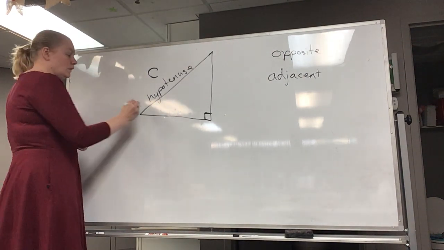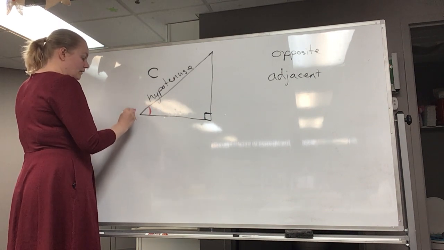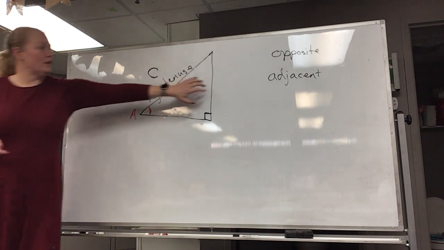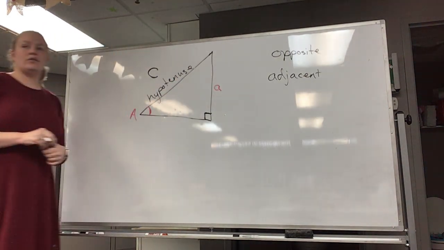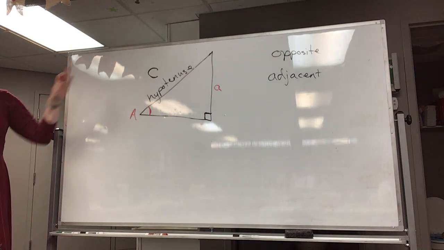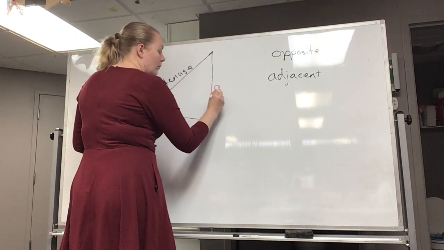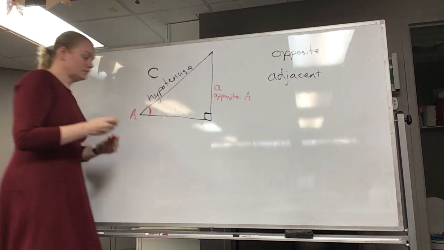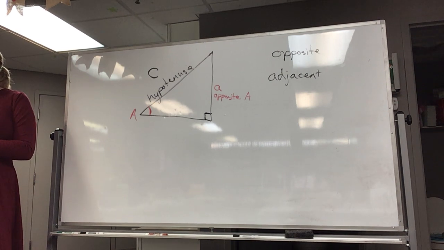So, if we talk about this angle right here, I'm going to call it A. Which side is opposite? Yeah, this one over here. Frequently, it's labeled as little a, but this is opposite A. If that one is opposite A, which one is adjacent to A?